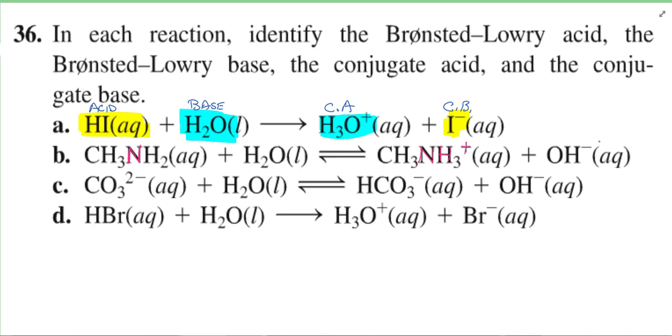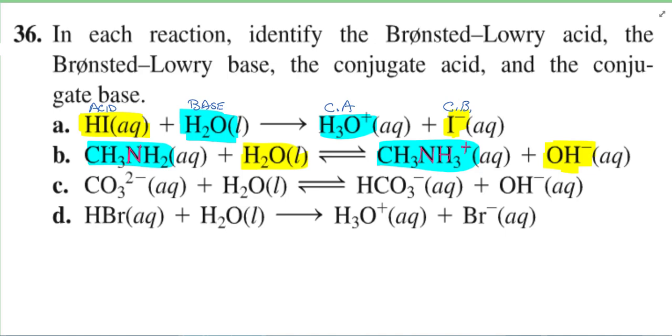In this course, hydroxide is always a base. That means this is a base. That means water is the acid. Which means ammonia here, this is methylamine. That's a base, and we have the acid.